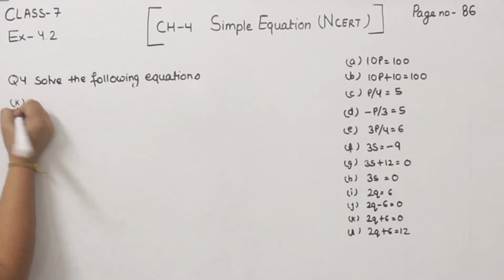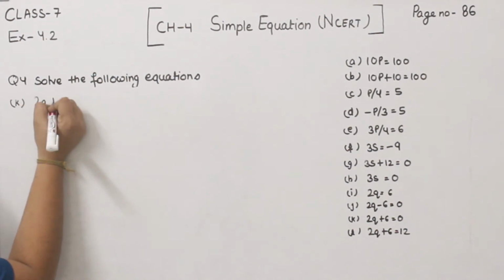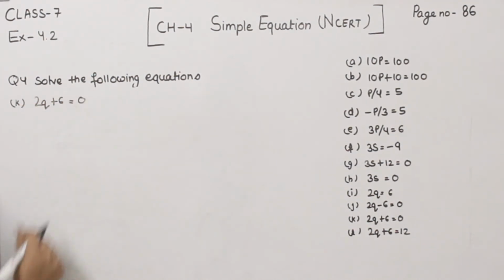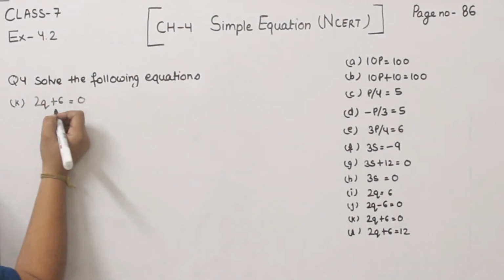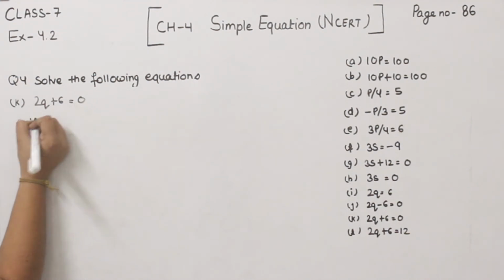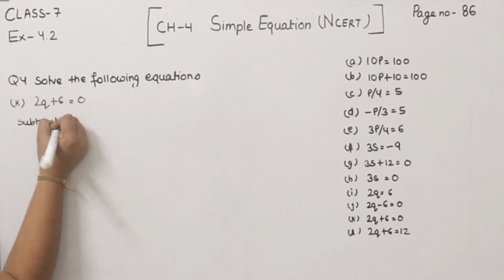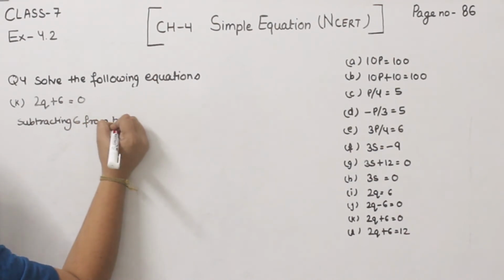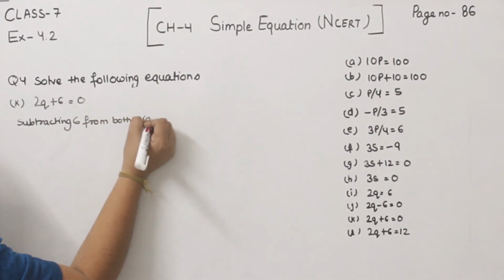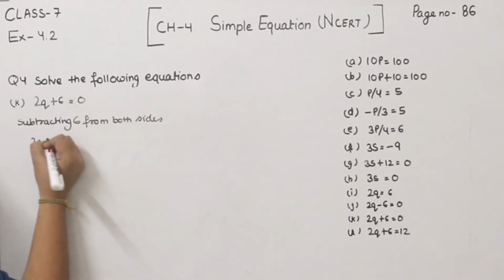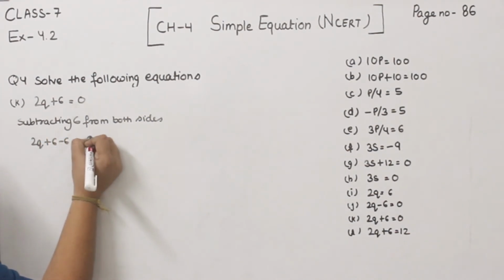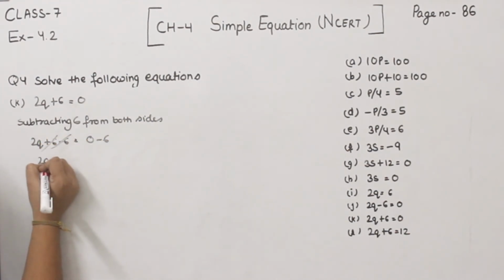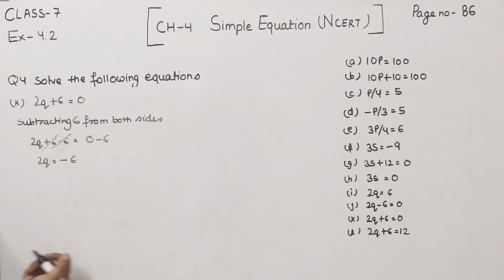Now comes to the part K. 2q plus 6 is equal to 0. First we will remove this 6. For that one we will subtract 6. Subtracting 6 from both sides. So 2q plus 6 minus 6 and 0 minus 6. This one cancelled. 2q is equal to minus 6.